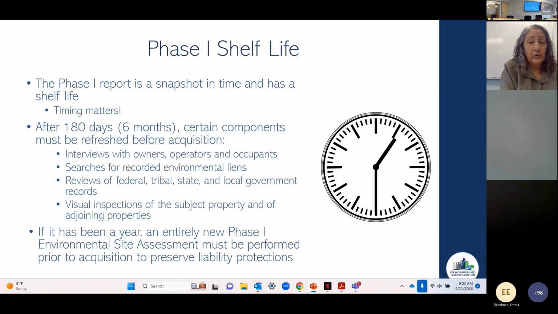And of particular note is that the clock starts not at the date of the report, but when the last investigation was performed.